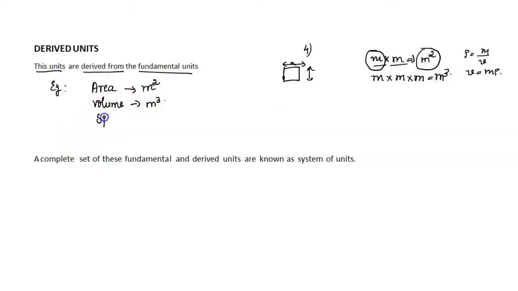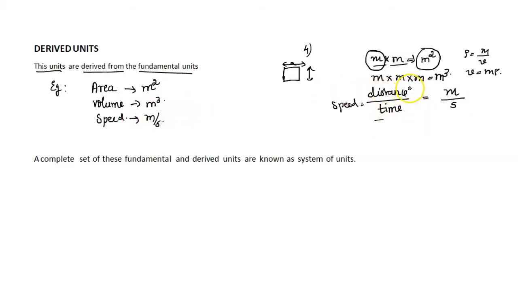Similarly, speed. The equation to calculate speed is distance divided by time. We measure distance in length, and the unit for length is meter and the unit for time is second. Hence the unit for speed is meter per second.